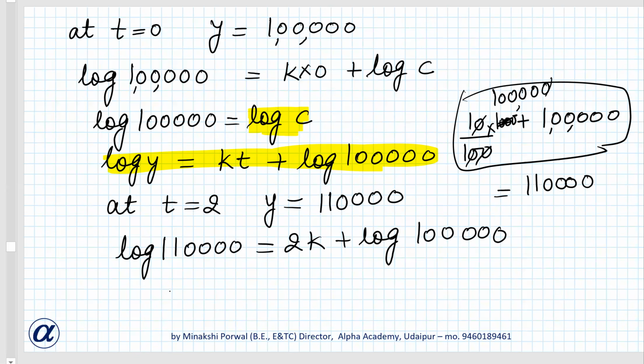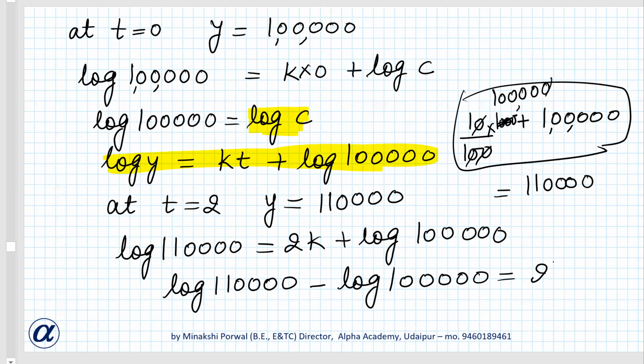These two equations are clear? Yes, ma'am. Okay. Now we can write log of 1,10,000 minus log of 1 lakh equals 2k.